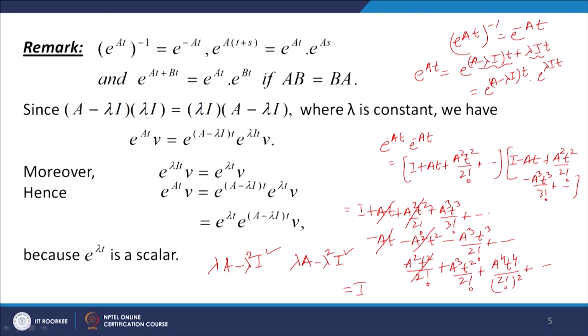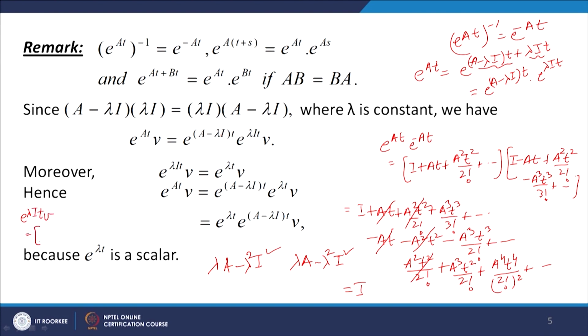Now, e to the power lambda I t into b is equal to e to the power lambda t into b. This we can see very easily. Let us write e to the power lambda I t into b.